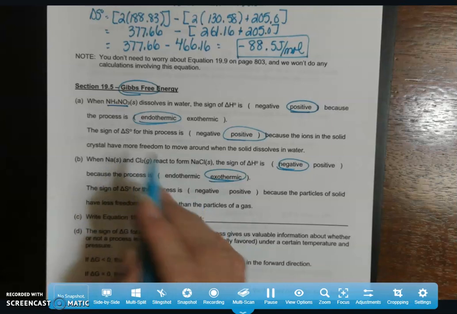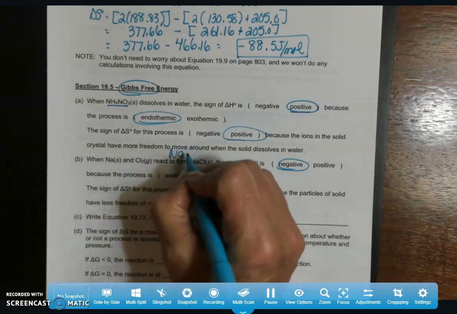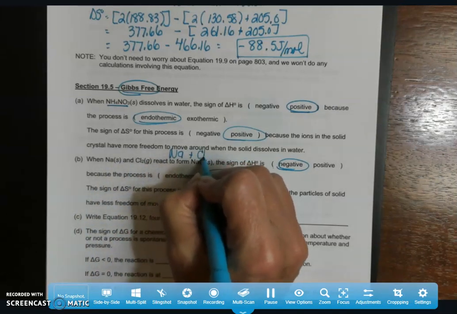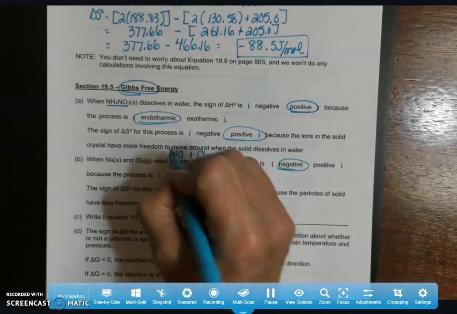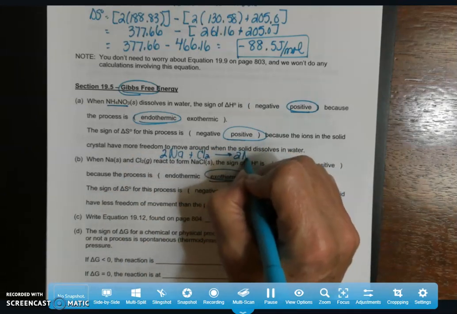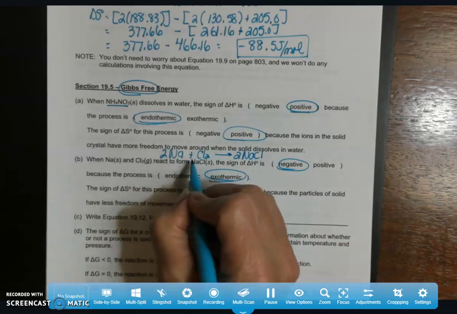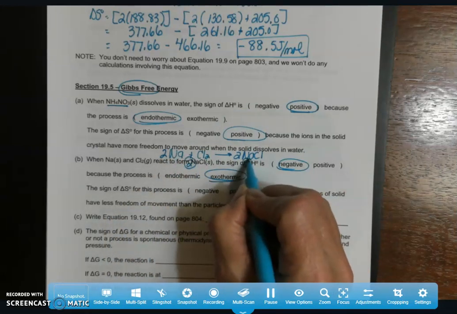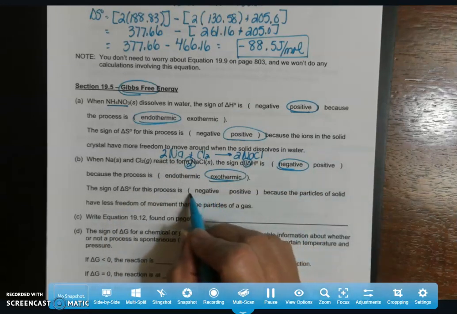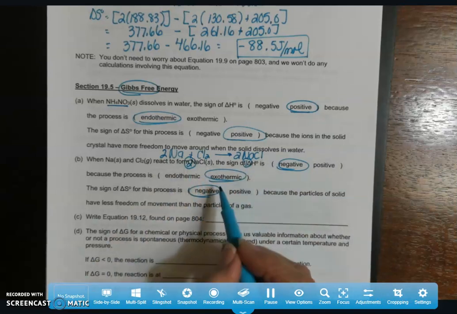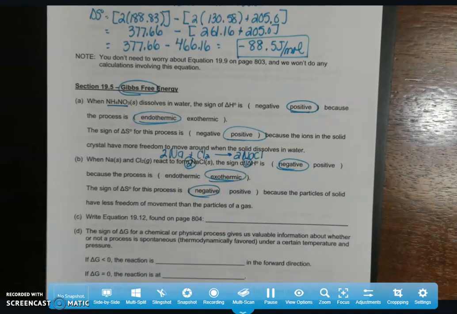This makes sense because the reaction is sodium plus chlorine, I'm going to put a 2 here, goes to 2 sodium chloride. I'm going from 3 particles to 2, and that means they have less movement.